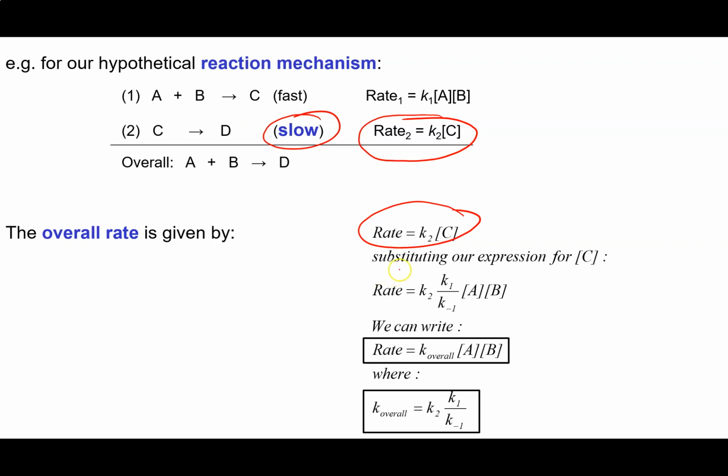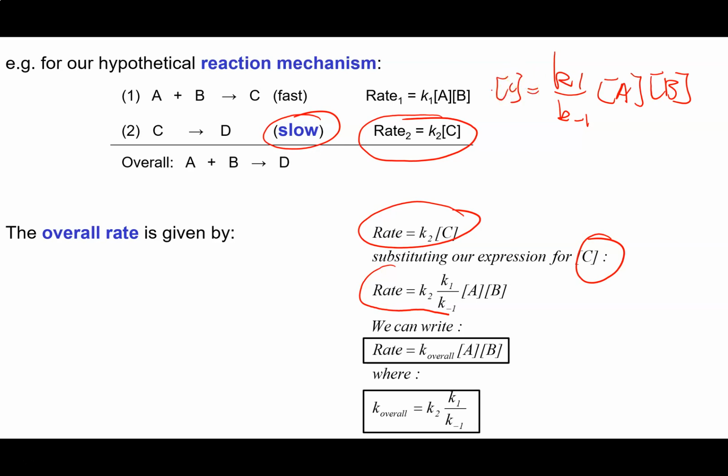Now we determined that the concentration of C can be written as k1 on k minus 1 multiplied by the concentration of A times the concentration of B. So if I substitute that into the expression for the rate law for the rate determining step, I get this here. Basically I'm just replacing that with that.